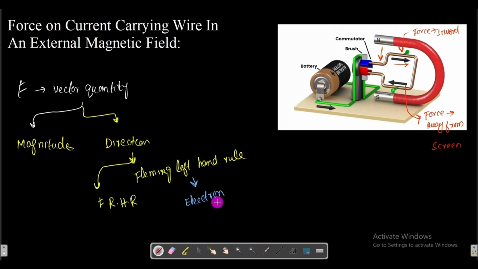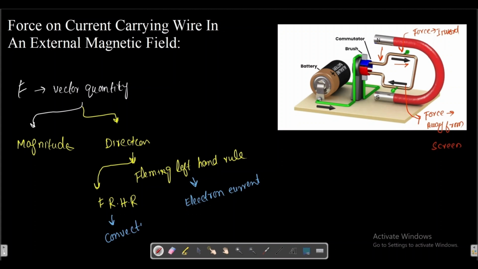The direction of the current is from the negative side of the battery to the positive side of the battery.